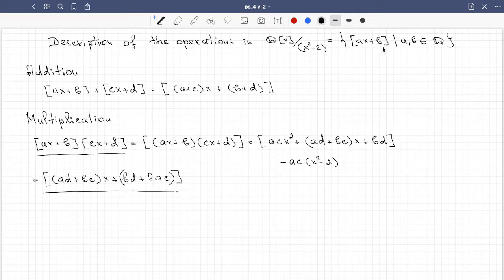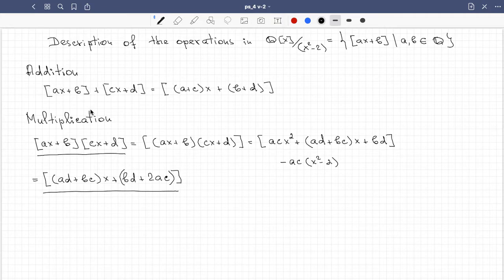So on this set, the operation of addition is this one. The operation of multiplication is this one. We multiply two classes, obtaining another class. So we've got operations of addition and multiplication on this set. We know, because the polynomial is irreducible, what we produced is not just a ring, but a field.